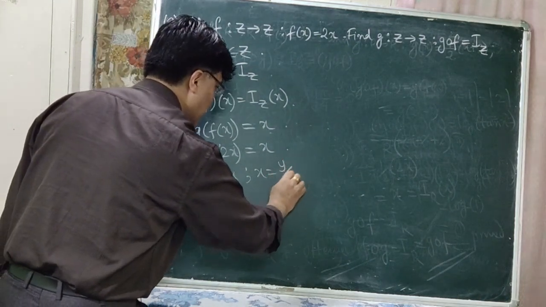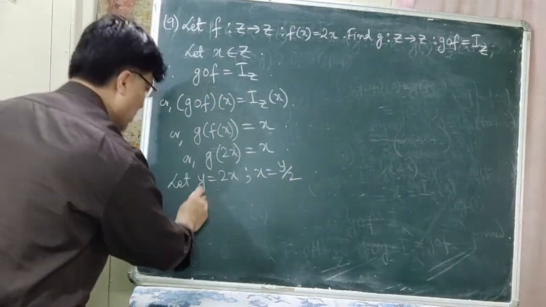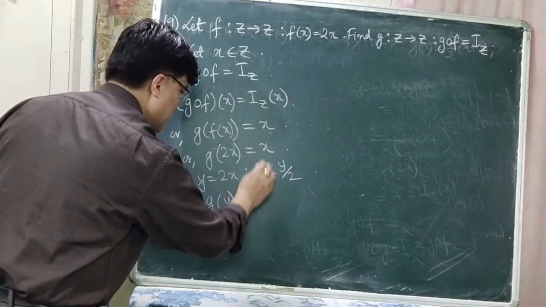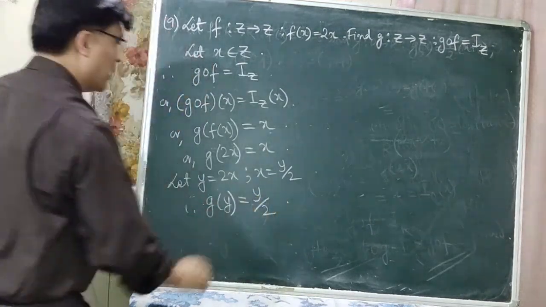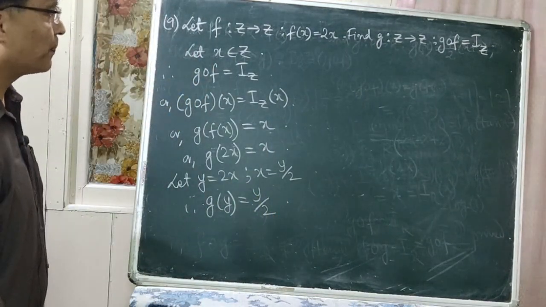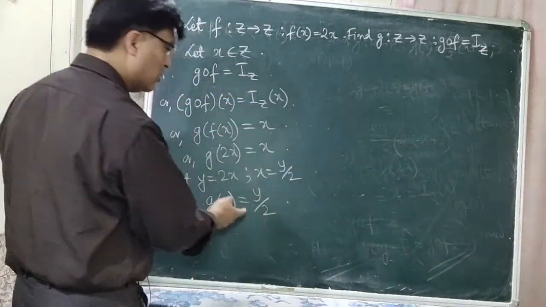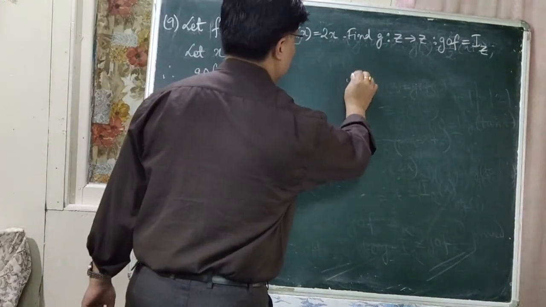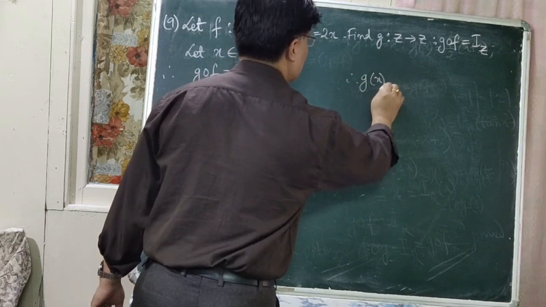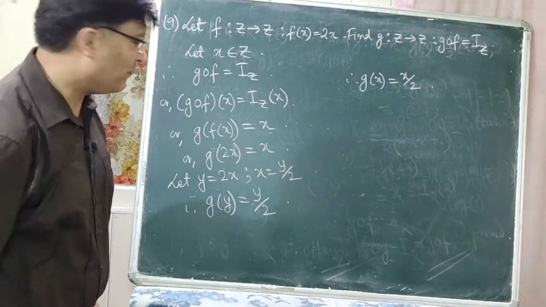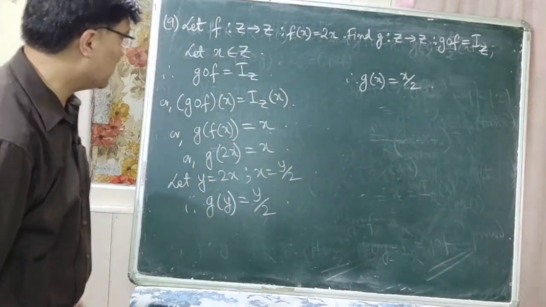This is x is equal to y by 2. So here you can put, therefore g of y is equal to, what is x here? This is your y by 2. So now here in this case you can write, instead of y you may write x also, that is g of x is equal to x by 2. So this is the final answer. So I think you have understood it.